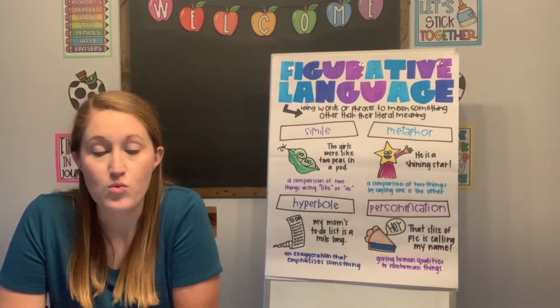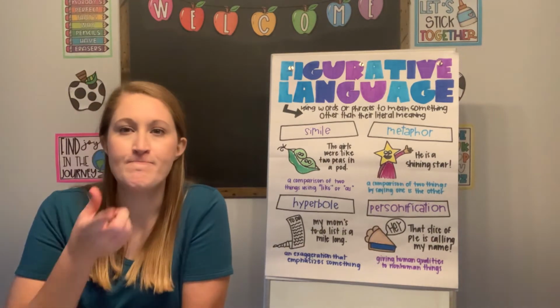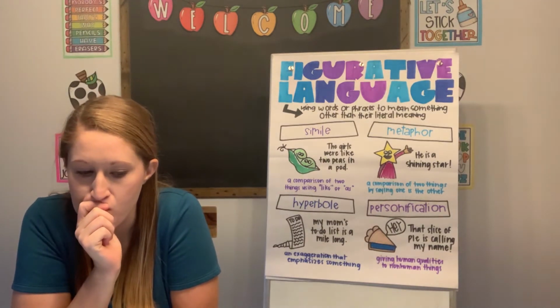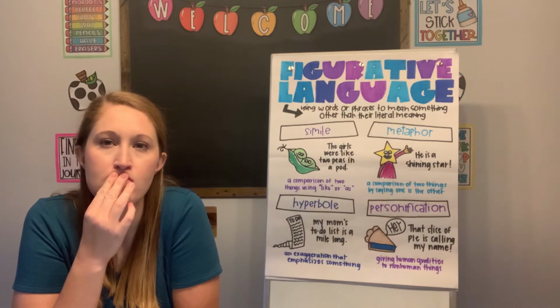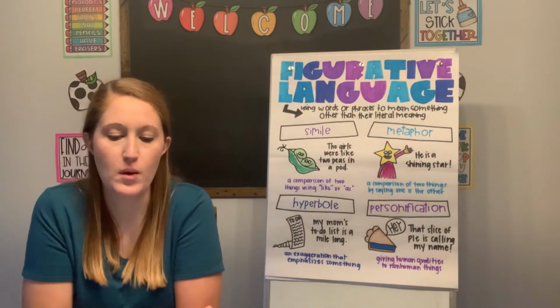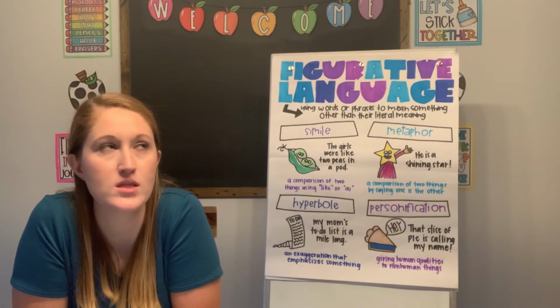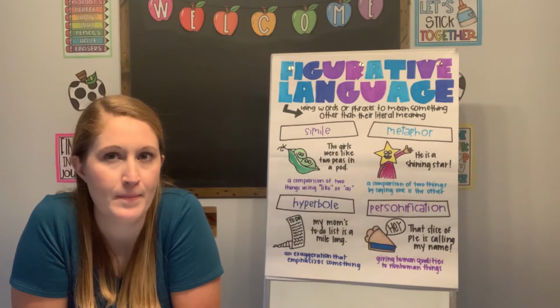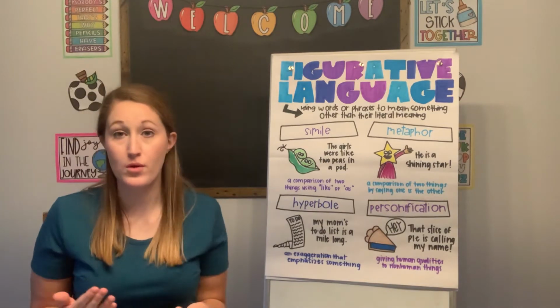All right, here's the next one. Her life is a roller coaster. What might that mean? If we said someone's life is a roller coaster. Yeah, so what do we know about roller coasters?